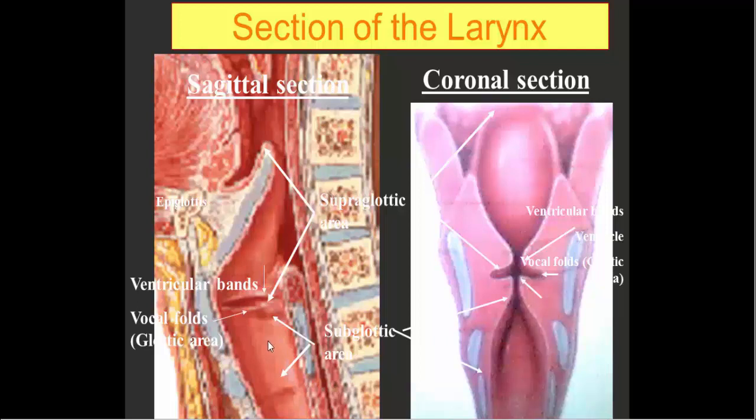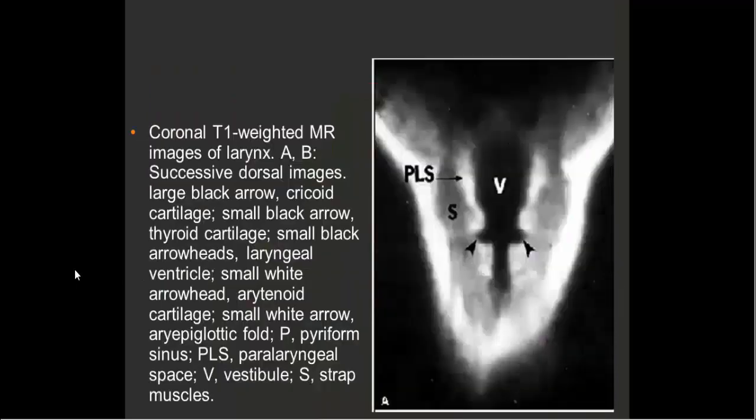Between the false and true vocal cord is the glottic area, including the laryngeal ventricles. The subglottic space starts from the inferior surface of the true vocal cord until the cricoid cartilage. This is the laryngeal ventricle on both sides between the false and true cord.